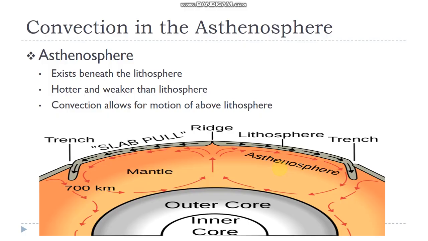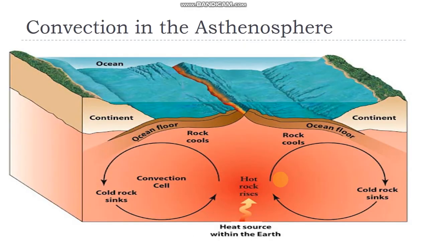And it's convection in the asthenosphere. So you have all this hot rock in the asthenosphere, and it rises. And when it rises, it hits the lithosphere above it, and it kind of pushes it, and it moves it. And as it moves, the lithosphere on top moves, and that's the theory behind how the continents drifted.